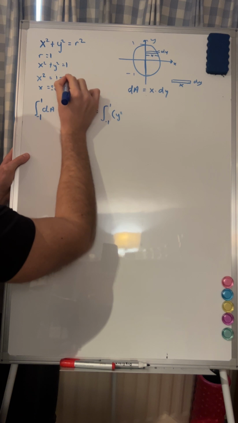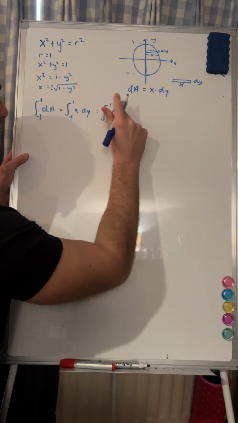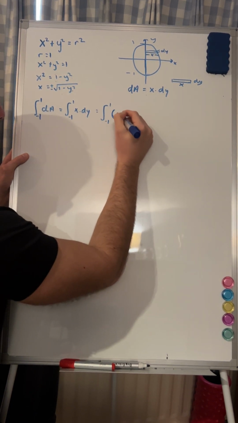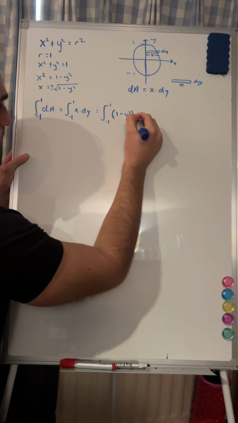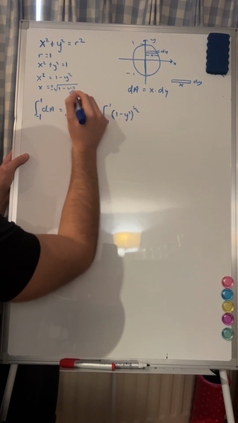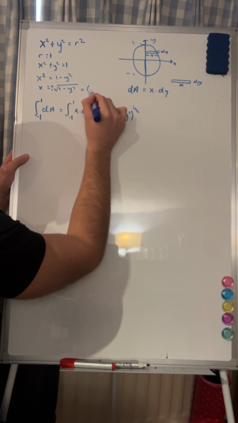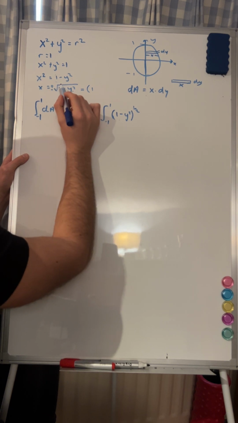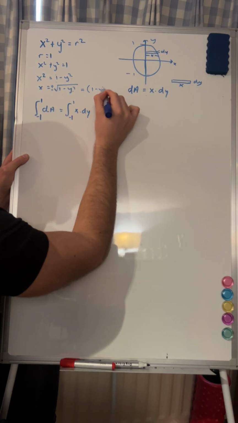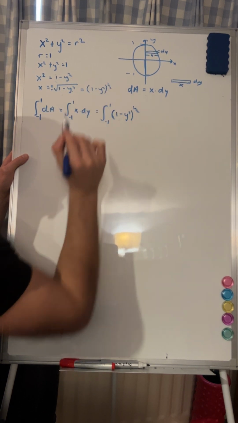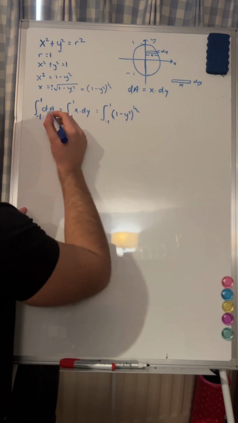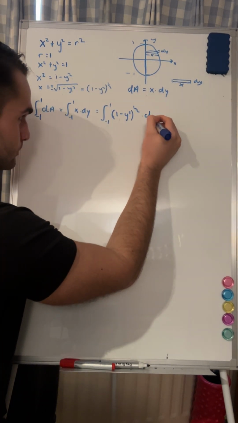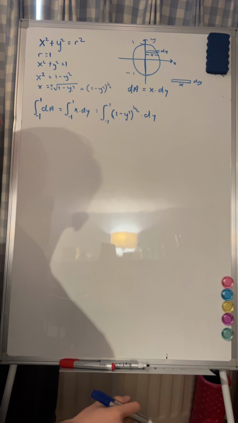Sorry, 1 minus y squared, to the power of a half. So obviously the root can be written as a power of a half, times dy, so with respect to y.